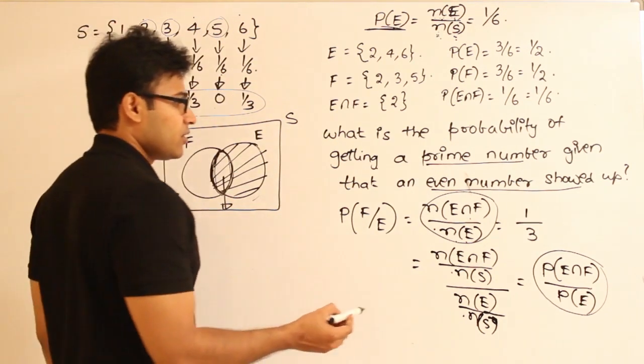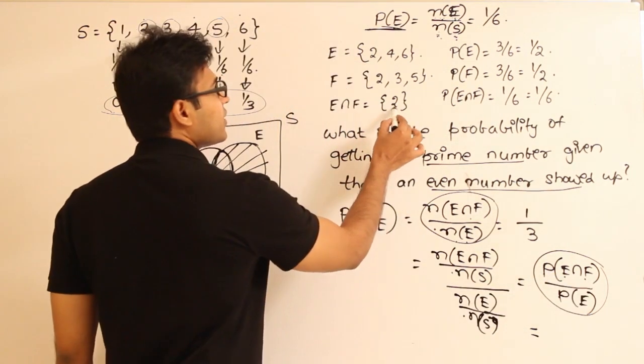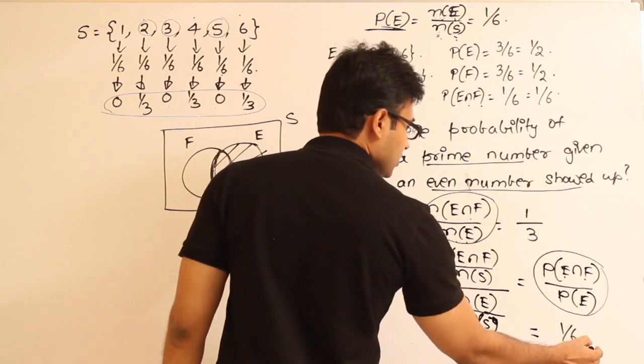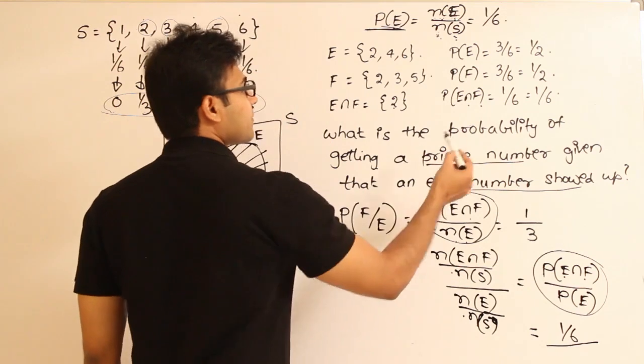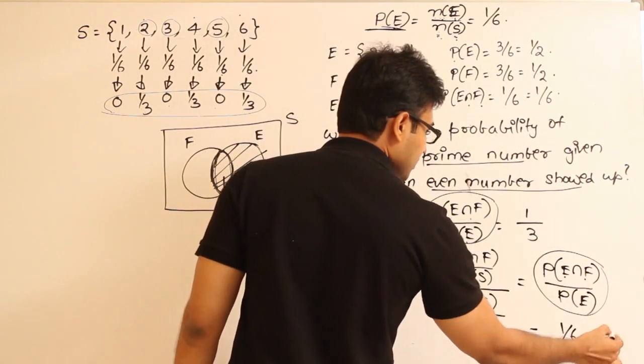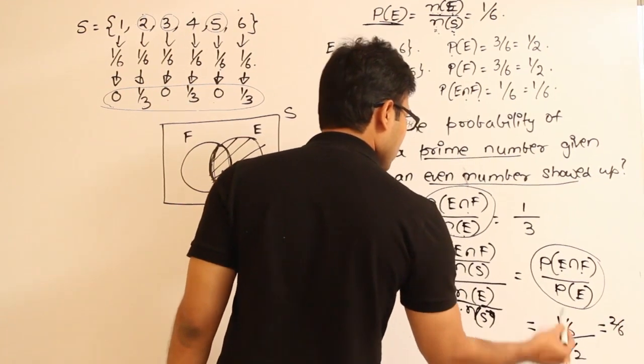See this? Now in the original probabilities, what is P of E intersection F? What is the probability of getting 2? P of E intersection F is 1 by 6, isn't it? Original probabilities, not the changed ones. And what about P of E? P of E is 1 by 2, right, which is nothing but 3 by 6, so the answer is 1 by 3. Again we got 1 by 3.